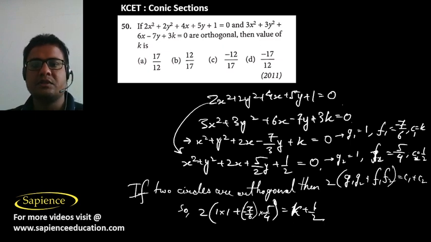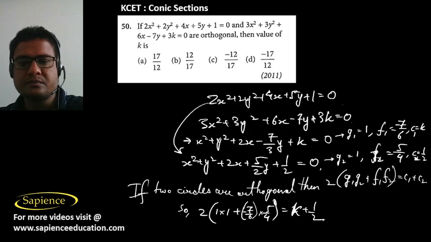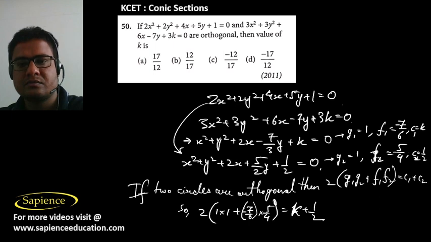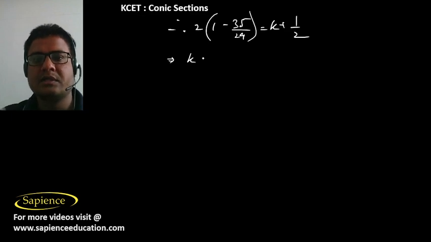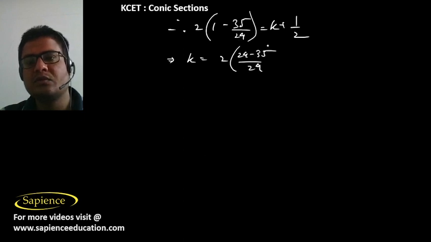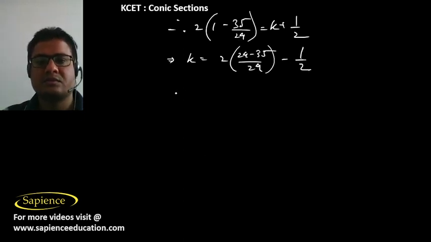So from here we have to find the value of k. So therefore we have 2 into 1 minus 7 5 is 35, 35 by 6 4 is 24. So that is equal to k plus half. So therefore we can say that k equal to 2 into this, 24 minus 35 by 24 minus half.